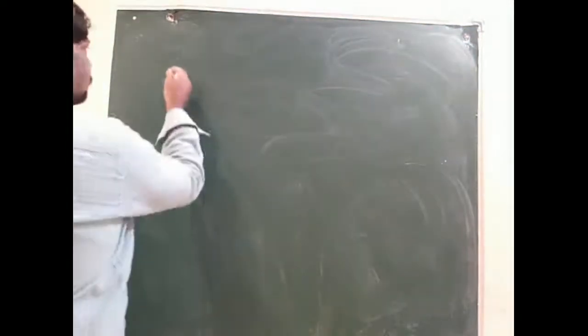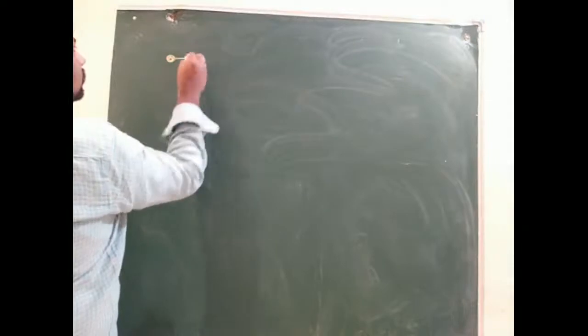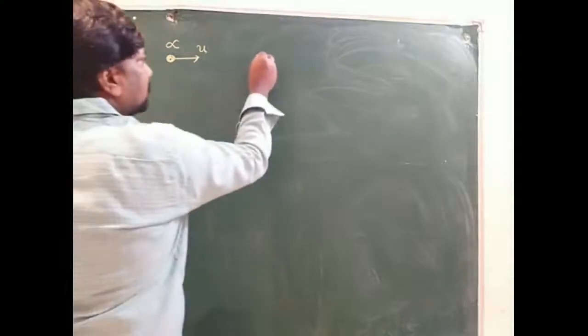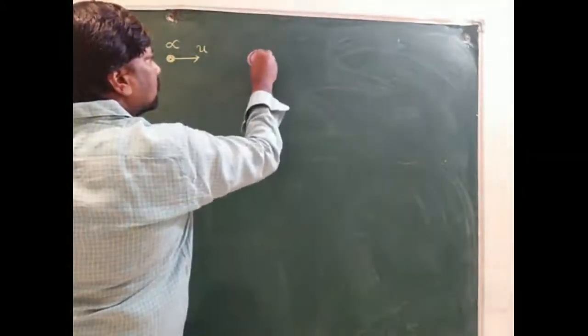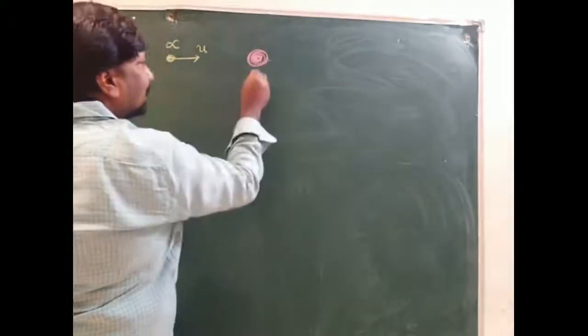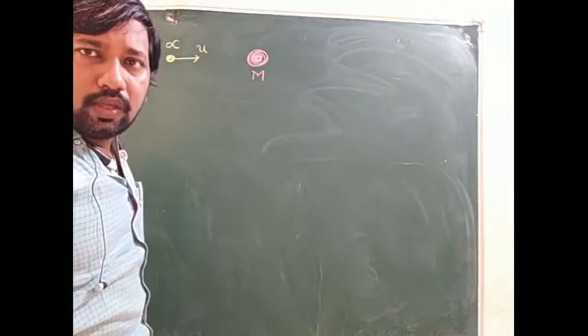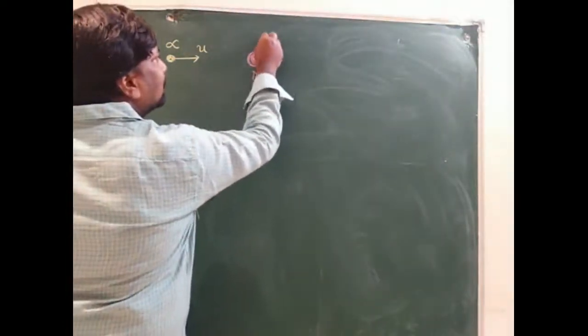Here this is the alpha particle, its initial velocity is u. This is the nucleus, and you can consider its mass as capital M, which we need to find.